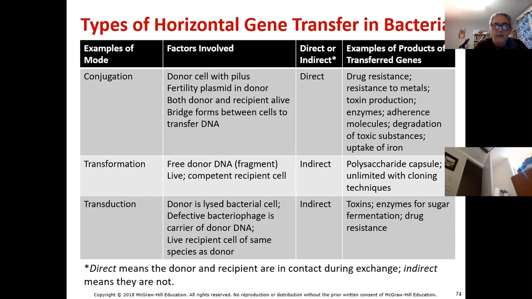So when a bacterial cell is broken open, if it's competent, it releases free DNA, and if the other cell is a competent recipient cell, it can actually take up DNA from the environment. You get recombination, and you get the genes to make the polysaccharide capsule.